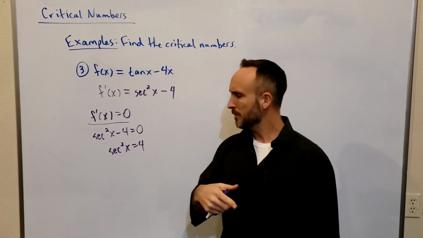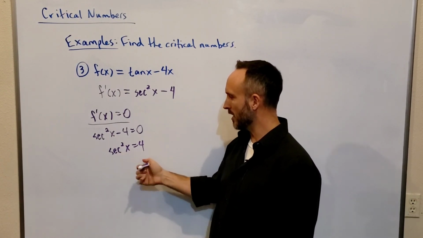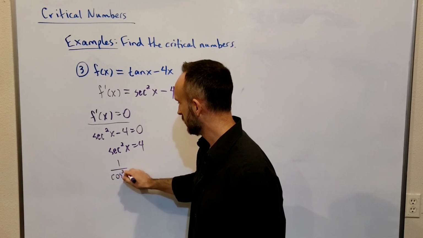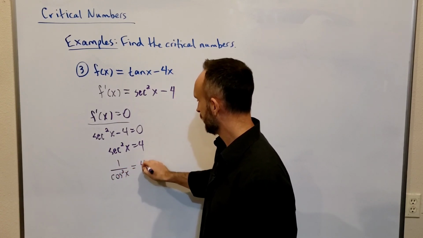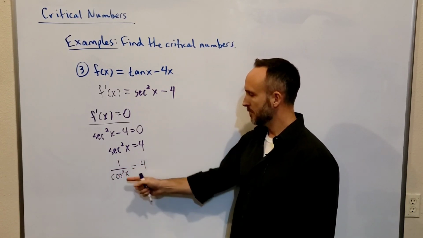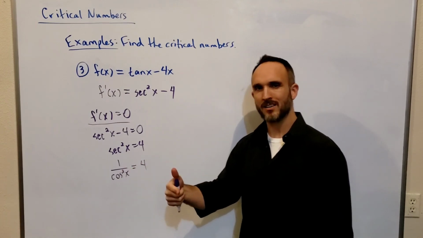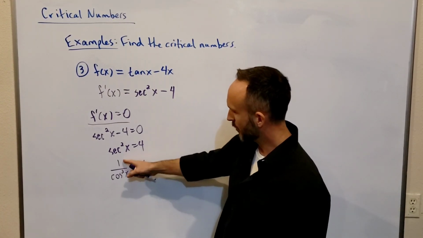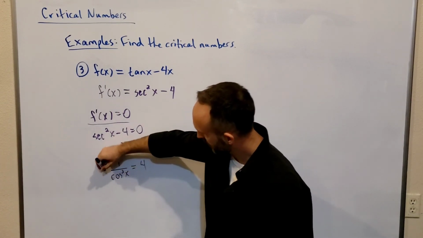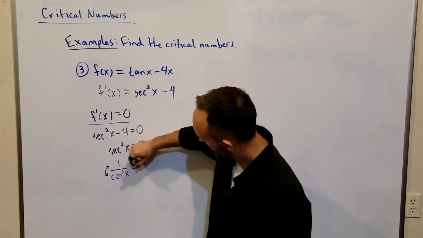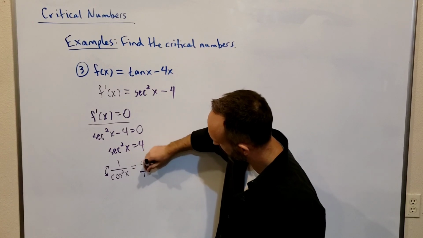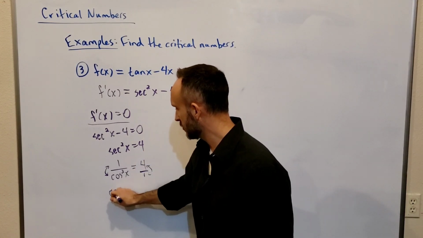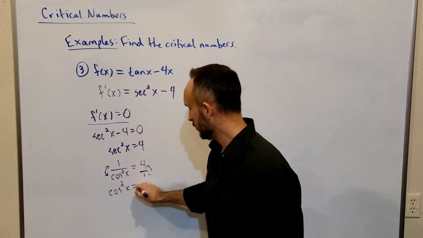In fact, it may be easier to think of secant squared as its reciprocal, 1 over cosine squared, because we're more familiar with the cosine values. So now I've got 1 over cosine squared, so I could flip both sides, right? 4 is the same thing as 4 over 1, so I'll flip that side as well. And so I get cosine squared of x equals 1/4.